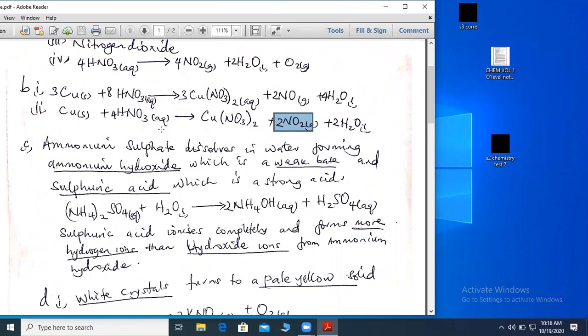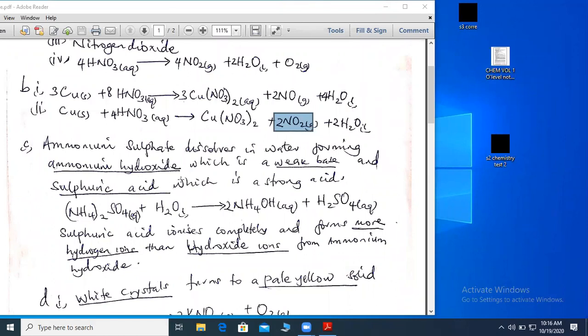If a question says explain, there will always be 1.5 marks for the equation.